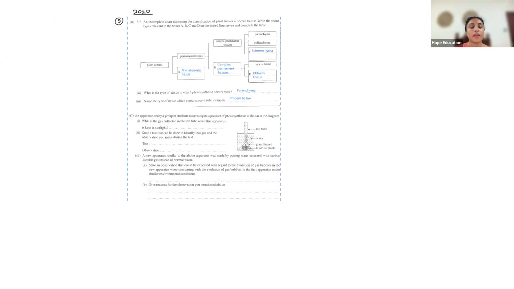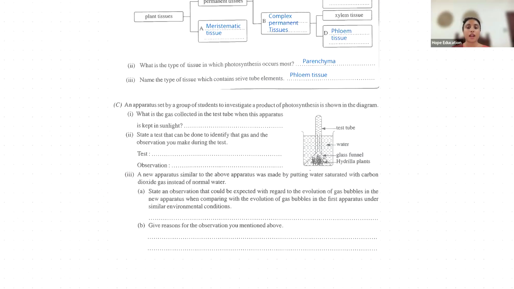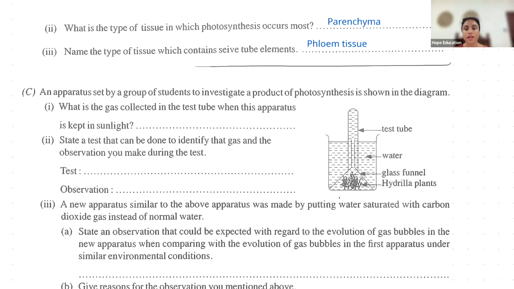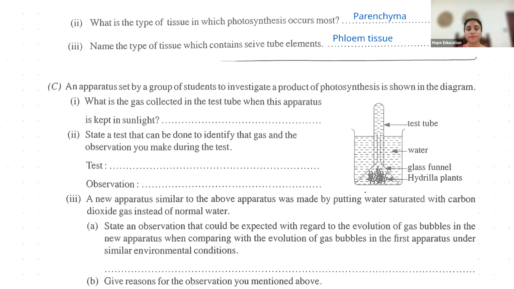An apparatus set up by a group of students to investigate a product of photosynthesis is shown in the diagram. What is the gas collected in the test tube when this apparatus is kept in sunlight? So we have a hydrilla plant and a glass funnel in this experiment. What is the gas collected in the test tube when we keep this in sunlight?